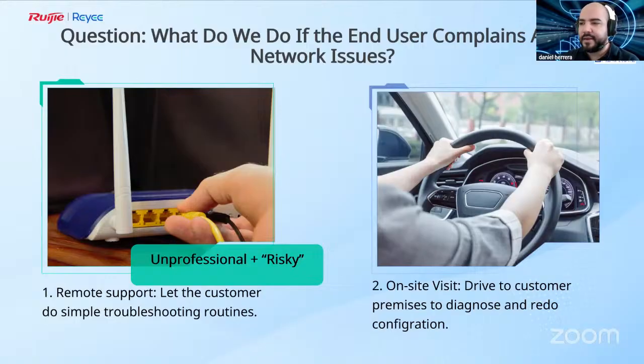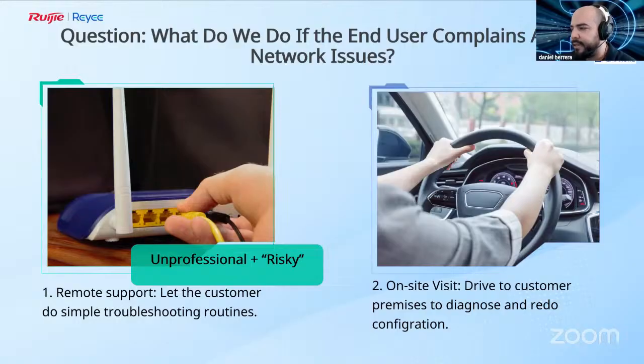Imagine that he starts messing around with wires from the same router or any other device connected there. It's going to create more trouble in the long run. So the main idea here is to do a professional service and not something that looks very unprofessional, like telling the customer to try to unplug it and plug it back to see if that works.